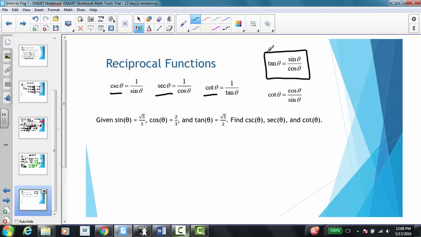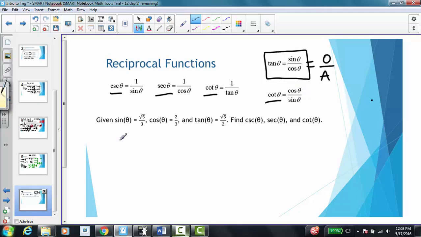In a couple of sections, once I derive the unit circle, you'll be able to see how sine theta is the side opposite of our angle, and cosine theta is the side adjacent to our angle. So if that's the case for tan theta, when we look at its reciprocal, cotan theta, we again flip these. So we end up with cosine theta over sine theta.